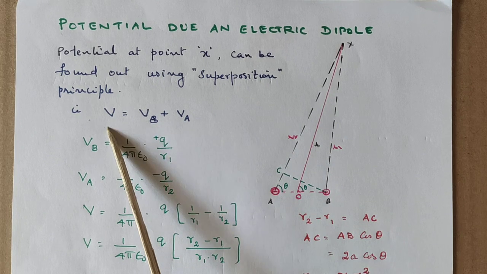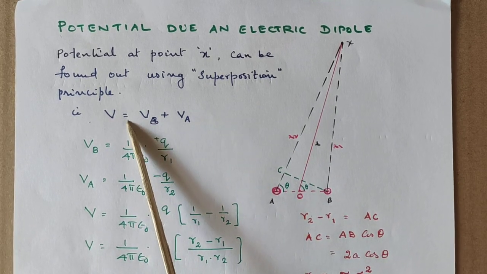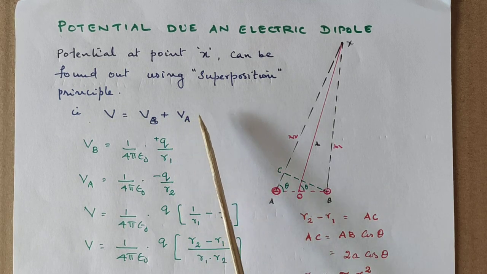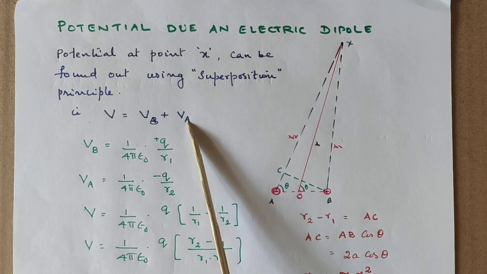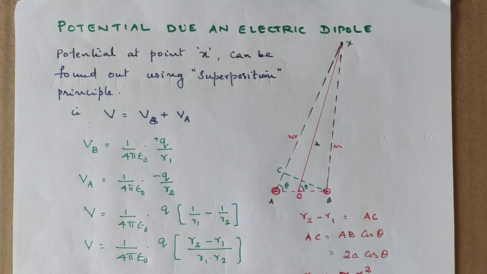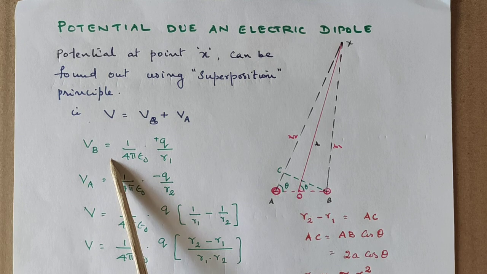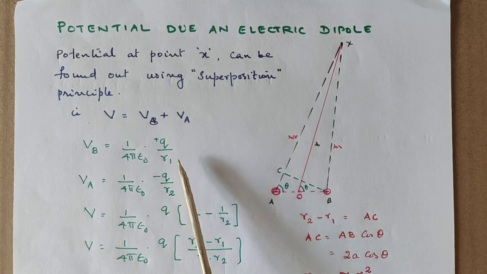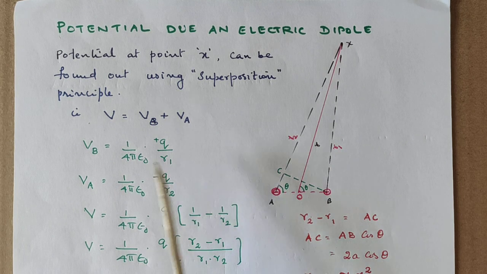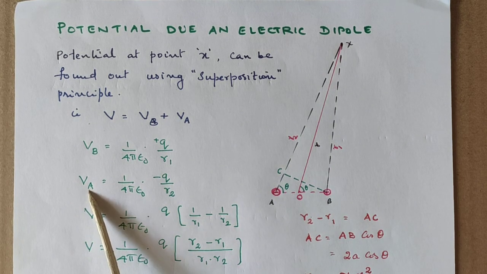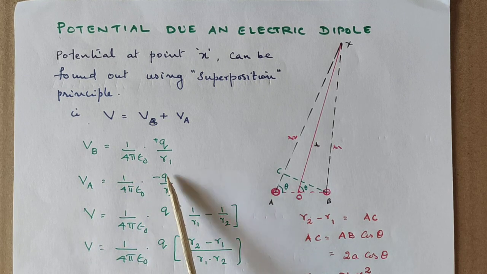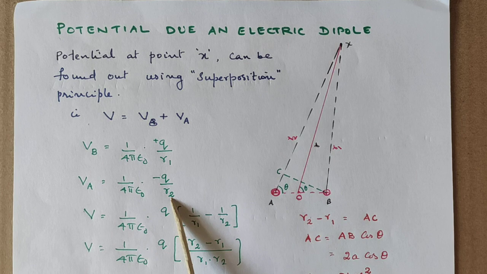That is, V at that point due to the dipole is equal to the potential at that point due to the charge at B plus the potential at that point due to the charge at A. That is VB plus VA. VB is equal to 1 by 4 pi epsilon 0 into plus Q by R1, and VA is equal to 1 by 4 pi epsilon 0 into negative Q divided by R2.